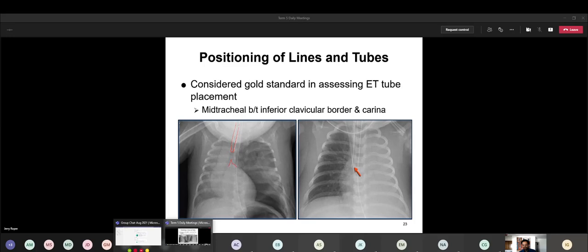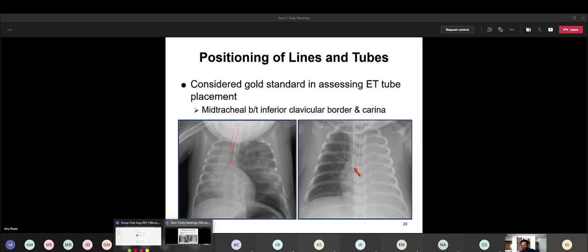They don't have that much muscle or other tissue that's going to interfere. So that's the carina. And I'll come back to this one. And then this right here, this white line, this is the feeding tube or the NG tube that's going all the way into the stomach.